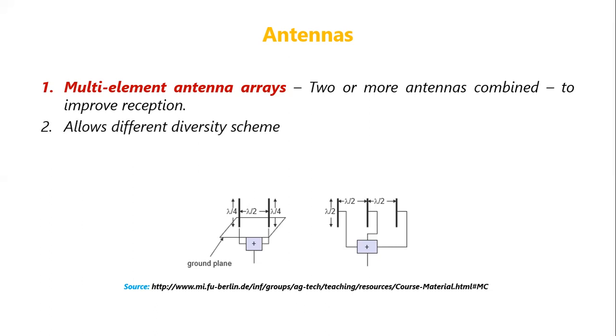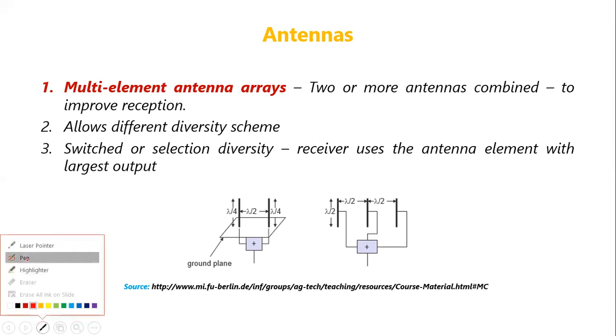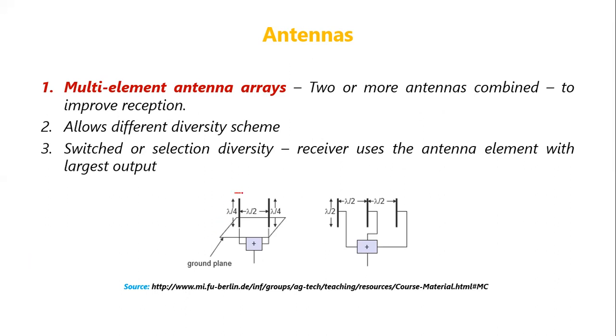One such scheme is switched diversity or selection diversity, which means that the receiver uses the antenna element with the largest output. Say there are two antennas, as in this particular diagram, and these two antennas are connected to some device.